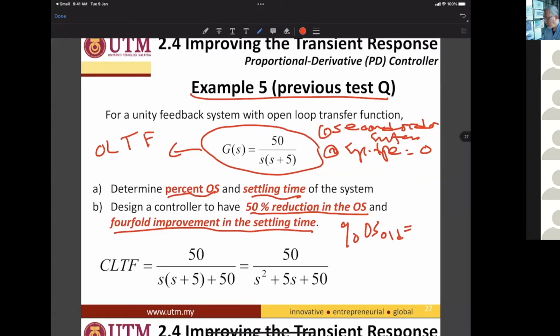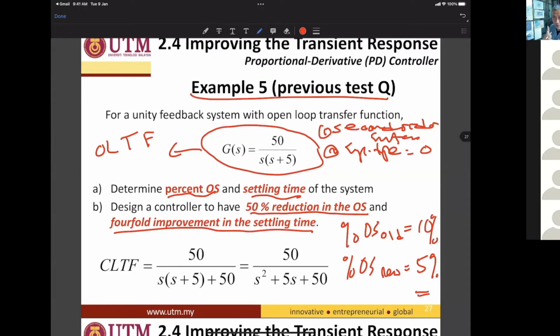Katalah ini adalah 10% overshoot yang lama. Jadi yang baru sepatutnya 50% reduction tu maknanya 5% kan? 10% bagi 2, betul? Guys, betul? Ya. 5% ya.